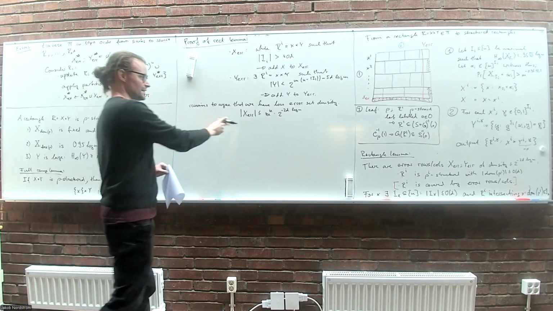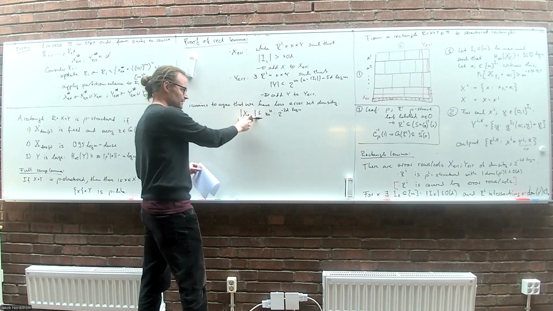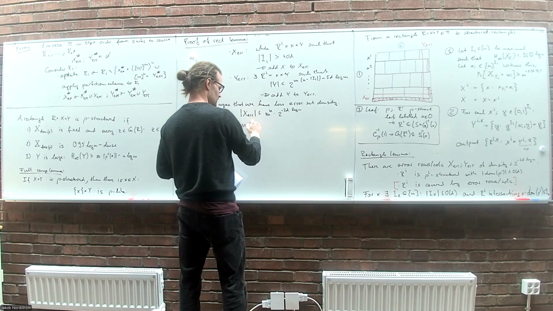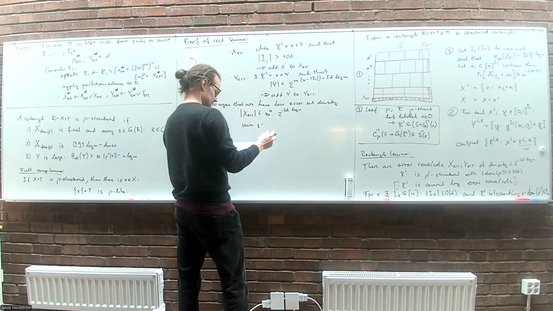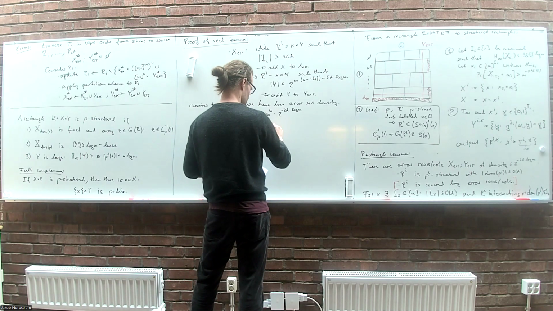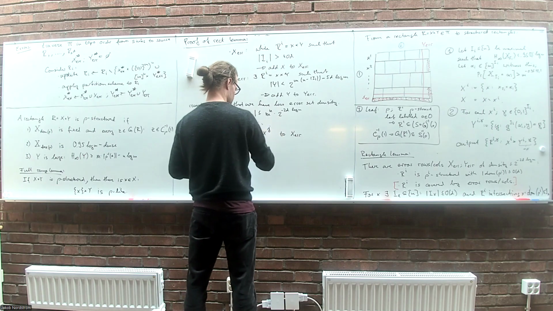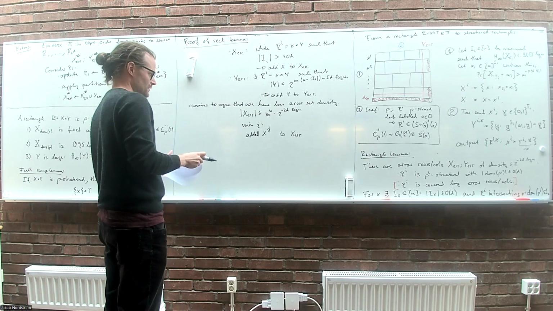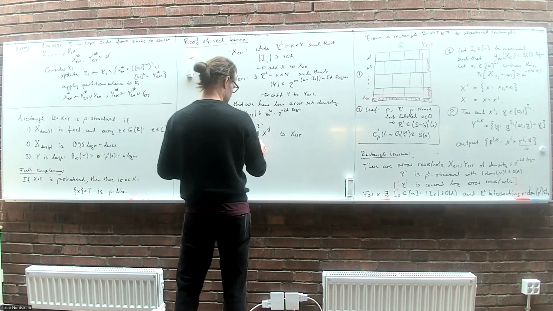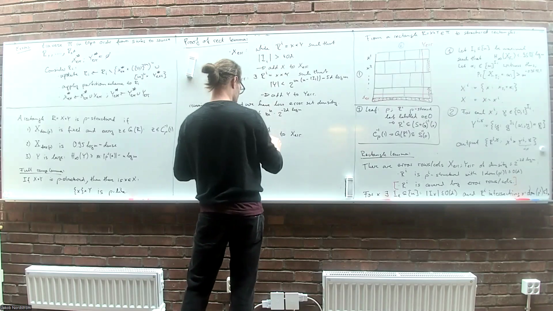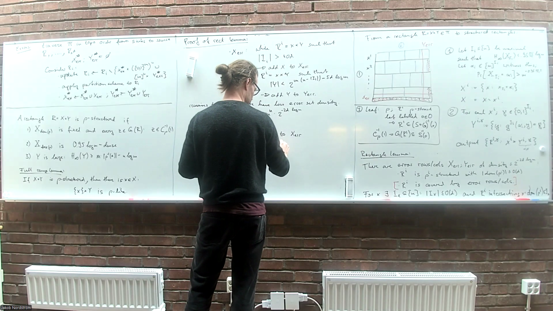Okay, so either x error is empty, in which case we're done, and otherwise we know that there exists a minimum j, so that we added x_j to the error set, to x error. So this implies in particular that I sub j is large.